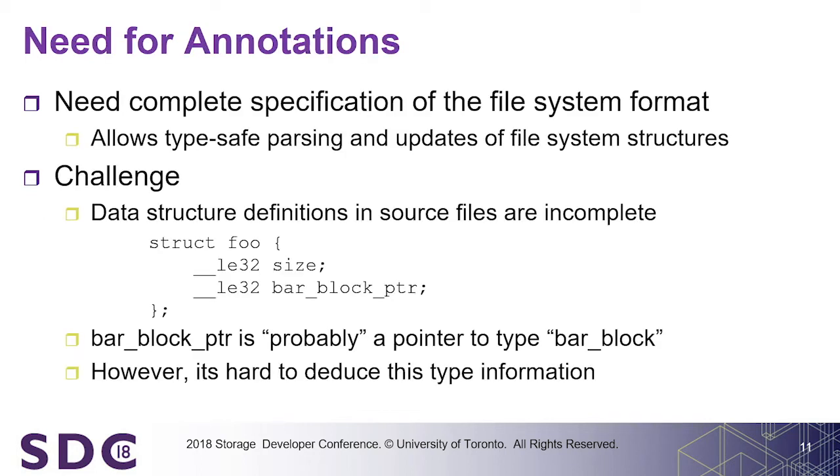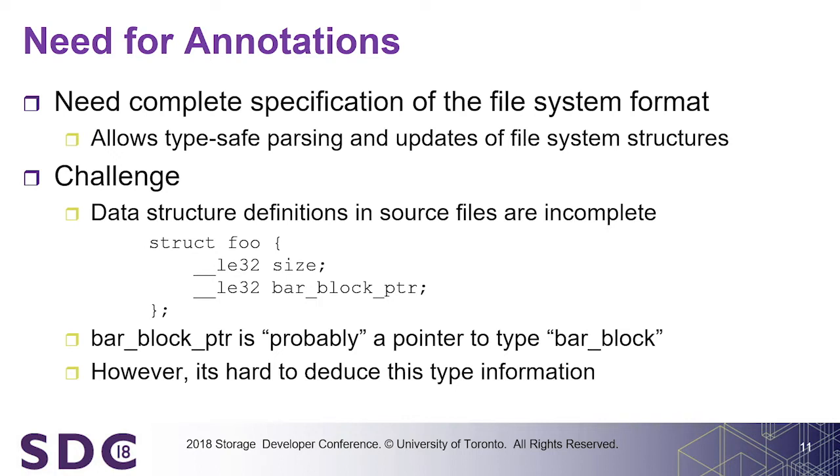As a first step, we need a complete specification of the file system's format, which will enable type-safe parsing of file system structures. Ideally, we should be able to extract the format specification from the metadata structure definitions in existing source code. However, these structure definitions do not completely describe their actual format on disk.